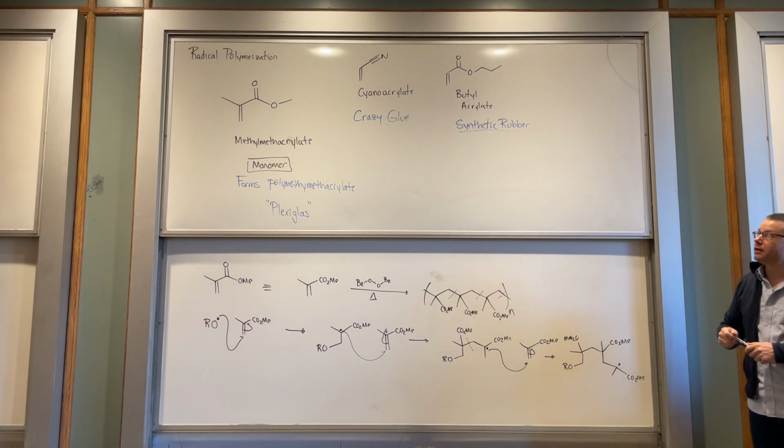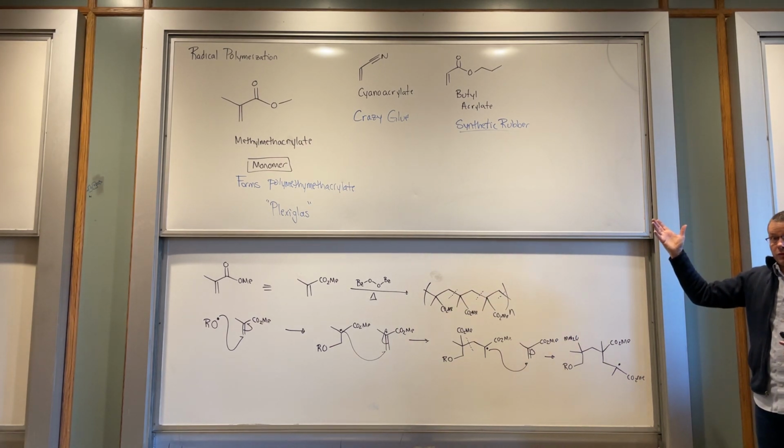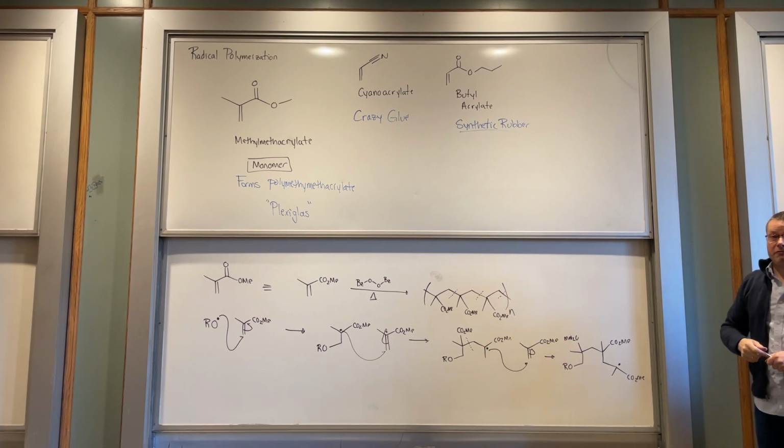Cyanoacrylate was one of the candidates, and he found that rather than making good gun sights, it glued things together really well. So cyanoacrylate's a great monomer to make crazy glue and stick things together, but it doesn't have really good optical properties.